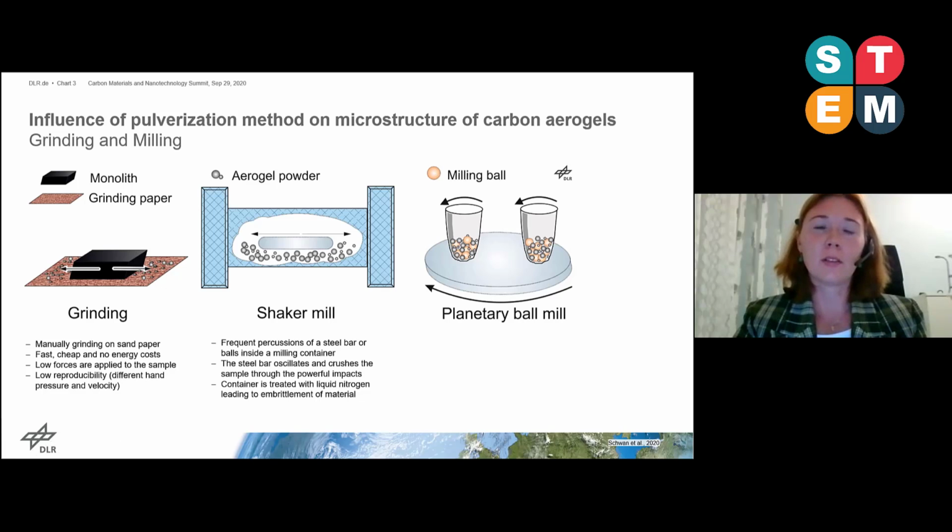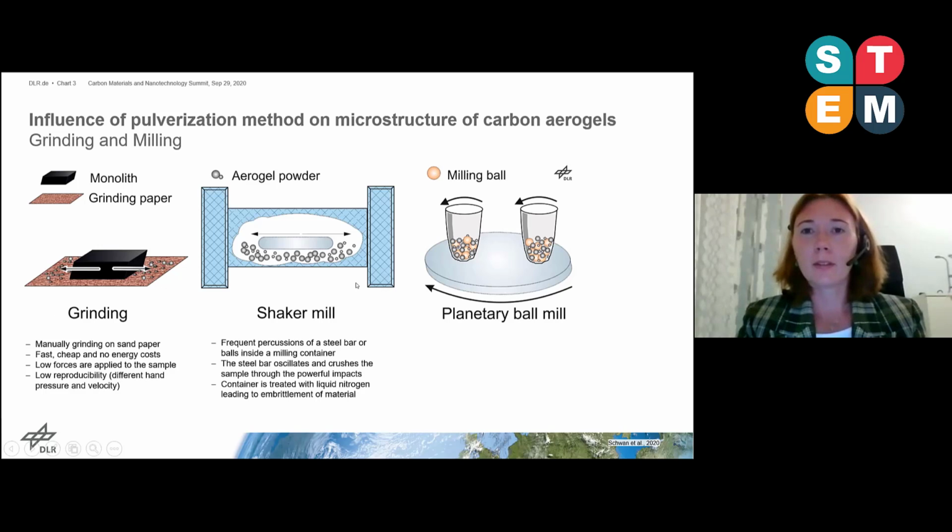The whole of this machine is inside a liquid nitrogen bath, so with this method we can embrittle the samples. This is very important, for example, for very soft materials such as rubber or cellulose materials, bio-based polymers, and so on. Here we have, for sure, a higher energy impact compared to grinding.